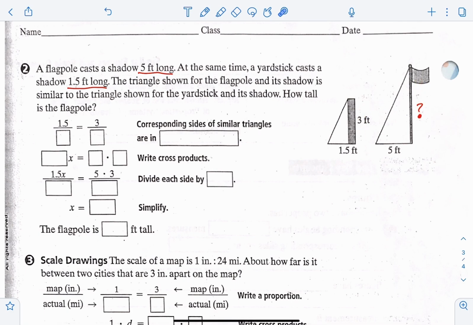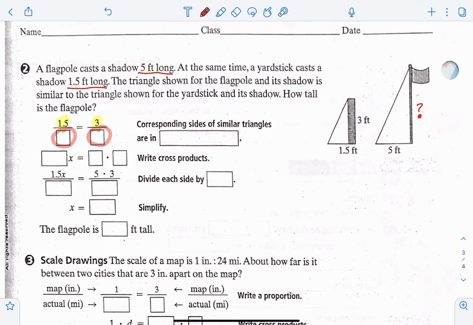So we're going to set this up in the same way, making sure that the tops of our fractions are from the same image and the bottoms of our fractions are going to be from the other image. Okay, so you've got to make sure you set it up that way.